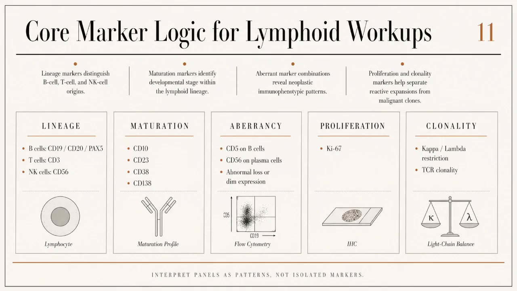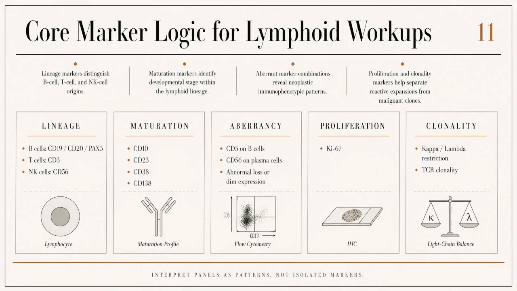Proliferation markers, particularly Ki67, offer prognostic insight by quantifying the growth fraction of the neoplasm. A high Ki67 index correlates with aggressive clinical behavior and can influence therapeutic decisions. From a technical standpoint, Ki67 staining demands precise timing and standardized protocols to ensure reproducibility, as variability can impact interpretation and clinical correlation.